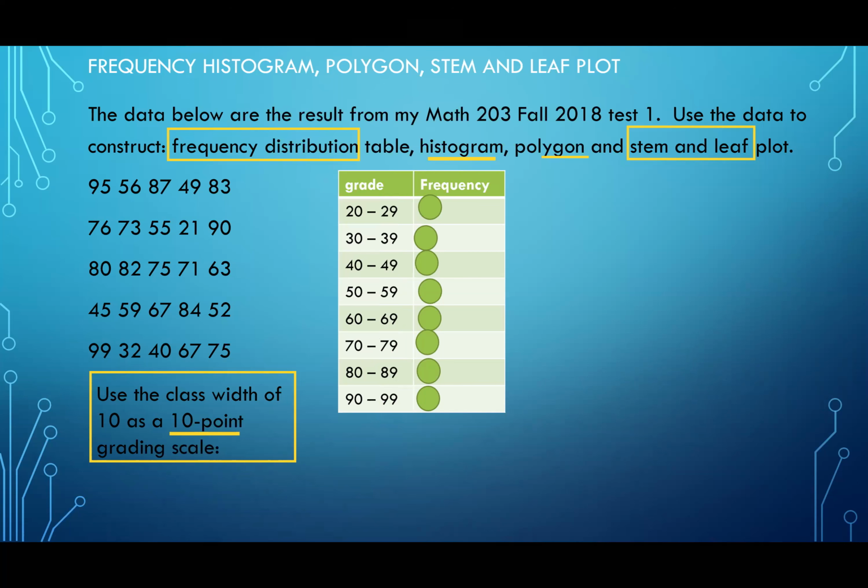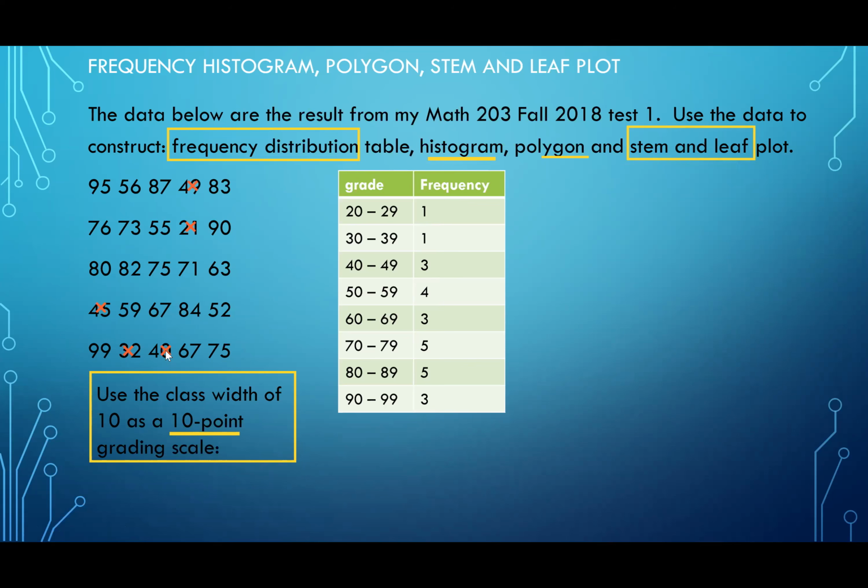And now all we do is we go in here and we tally how many students are in the 20s range, how many students in the 30s range, how many students in the 40s, 50s, 60s, and so on and so forth. So again, I have 1 student in the 20s, 1 in the 30s, right? Actually, I have 3 in the 40s: 40, 45, 49.